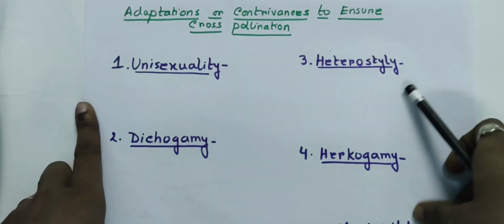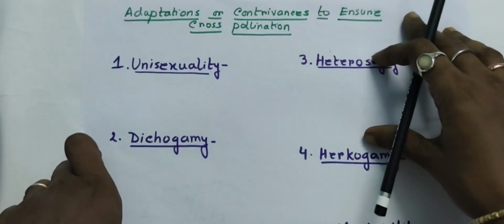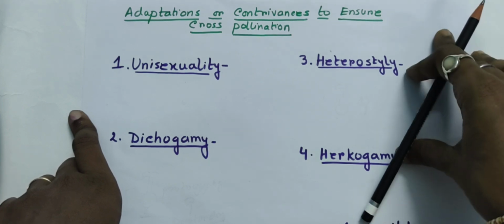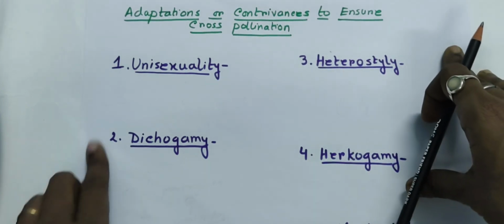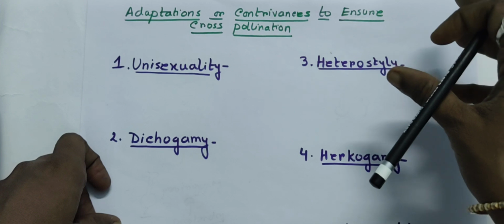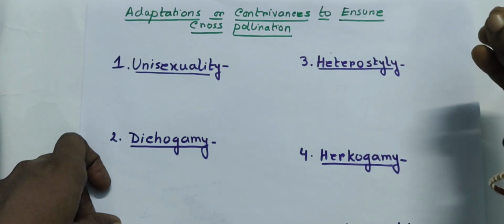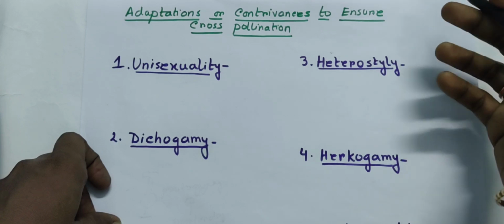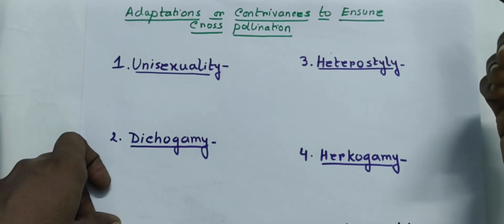Here I have to say one thing, that cross pollination is very advantageous compared to self pollination, because in self pollination the pollination occurs in the same plant. So no varieties are developed.